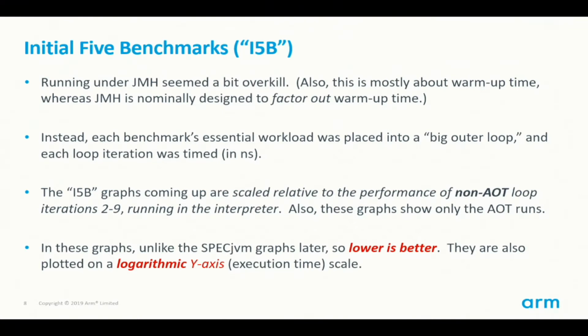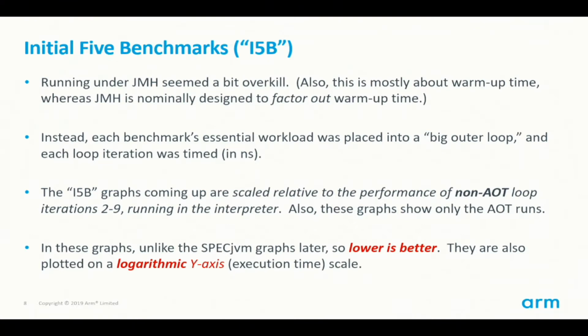So I had to do something to factor out, I suppose you could say, the different clock rates and differences in the efficiencies of the individual microarchitectures, like a bigger cache or whatever.